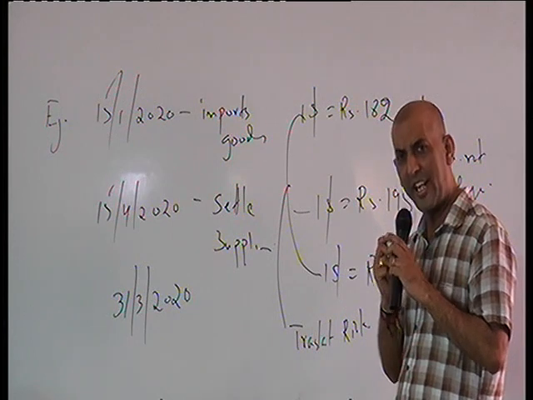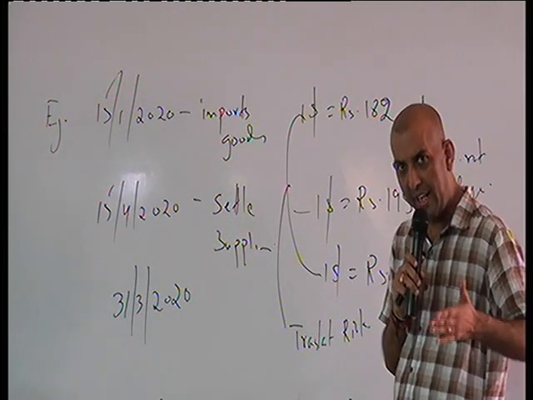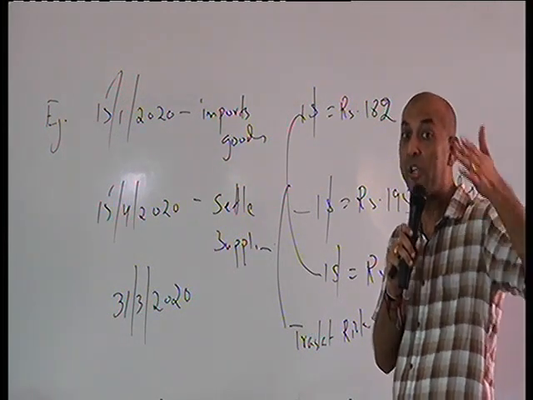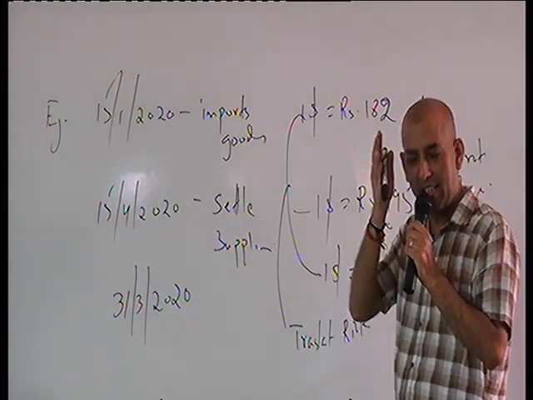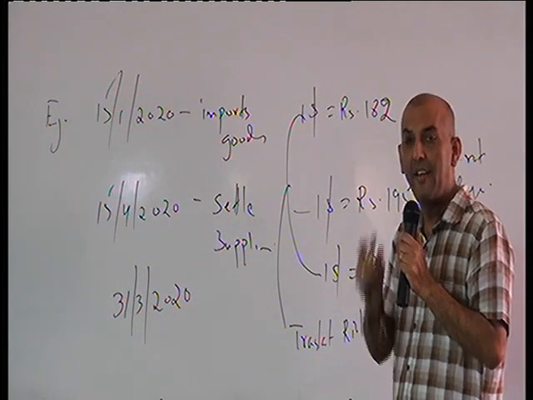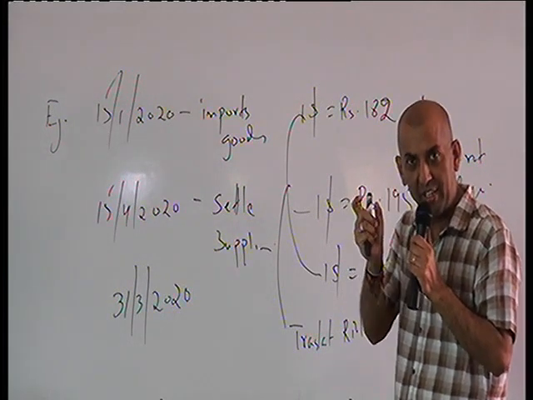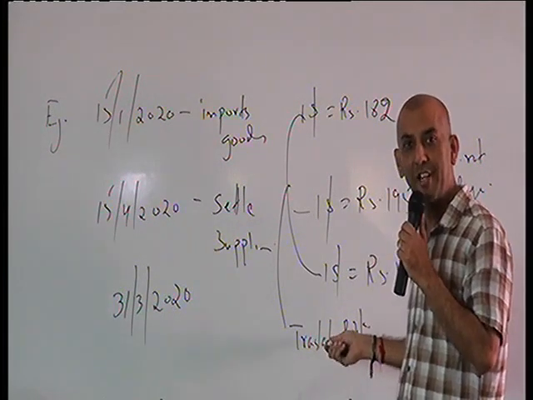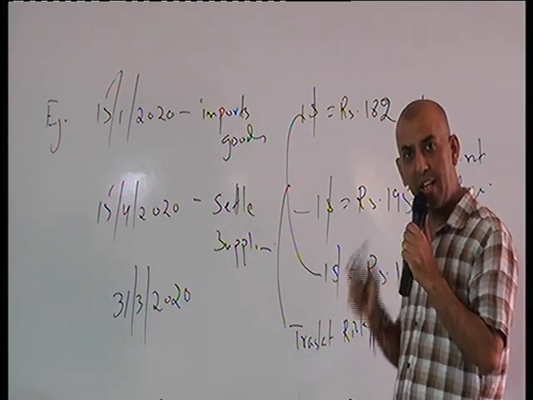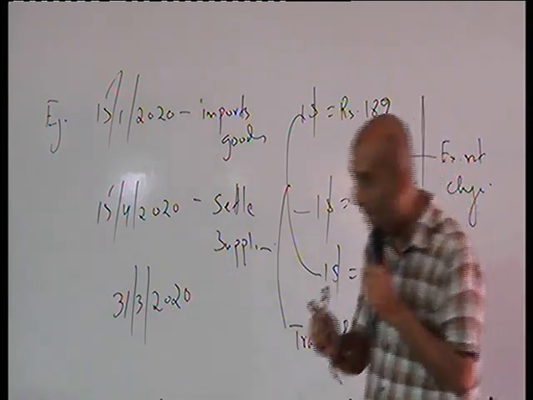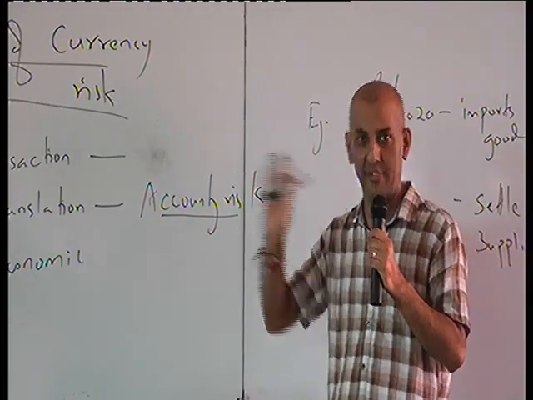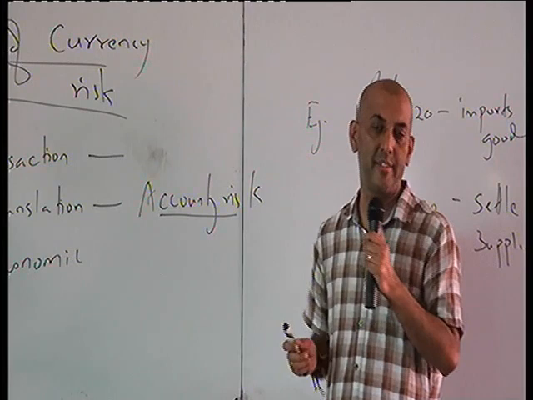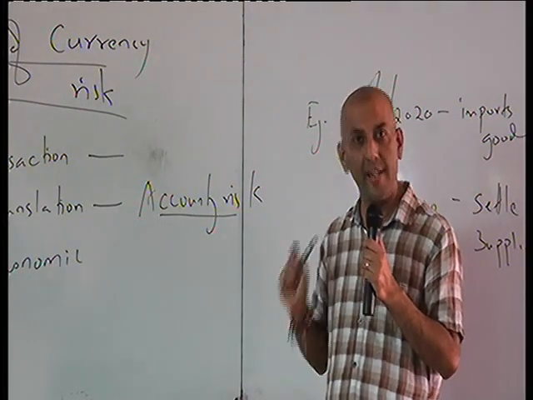So what we are trying to say, from transaction date till reporting date, not the settlement date, the exchange rate variation is called translation risk. So your exchange rate variation is only a book entry. You will account it as a gain or loss. In this case, loss. So this is only an accounting entry.